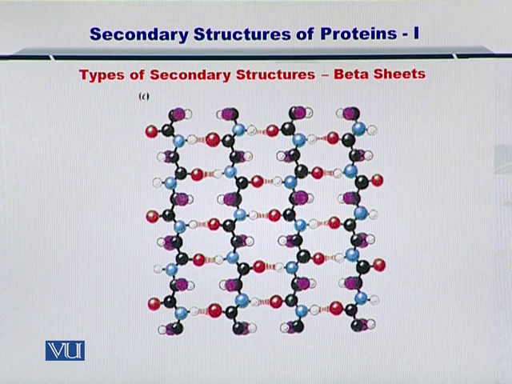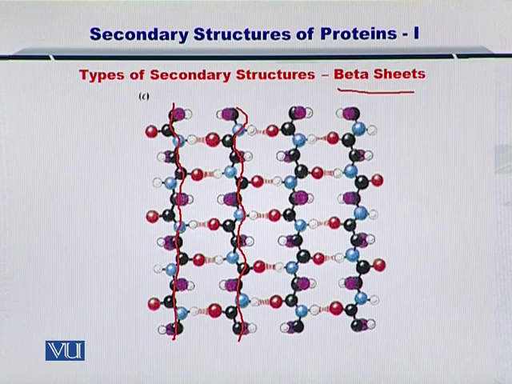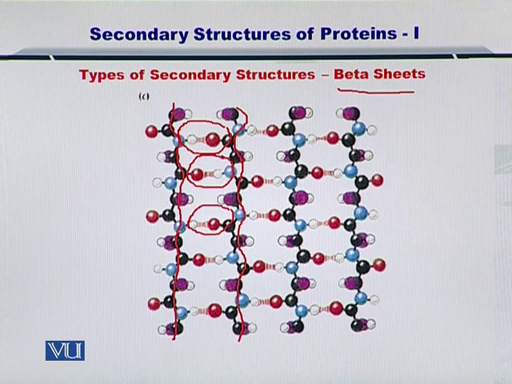There is another type of secondary structure that is also there. It's called the beta sheets. It is formed if an amino acid sequence, or the 1' structure, has another 1' structure coming on top of it, and the oxygen here, the C terminus and the N terminus, make a hydrogen bond.